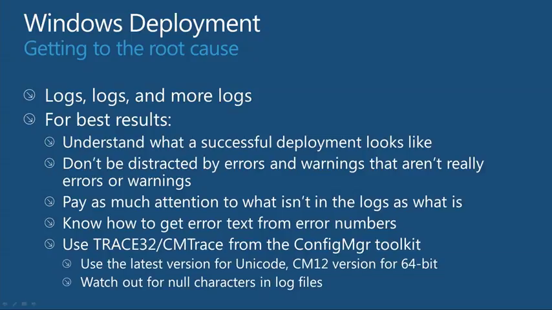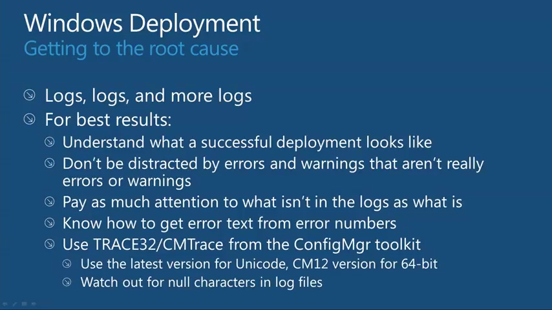There are some issues with the Trace32 version that's out there right now. It has issues with null characters in log files, so watch out for those. It has issues with log lines that are longer than 8K. Oh, when are you ever going to see a log that has an 8K error message in it? Surprisingly often. So watch out for those types of issues.